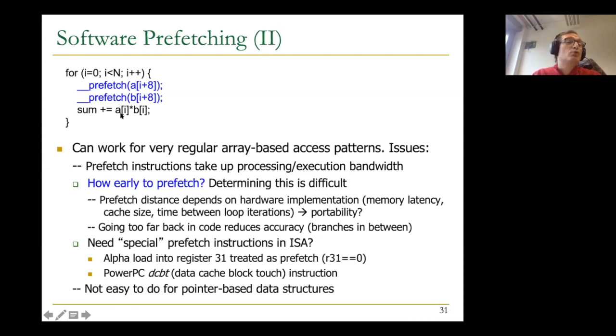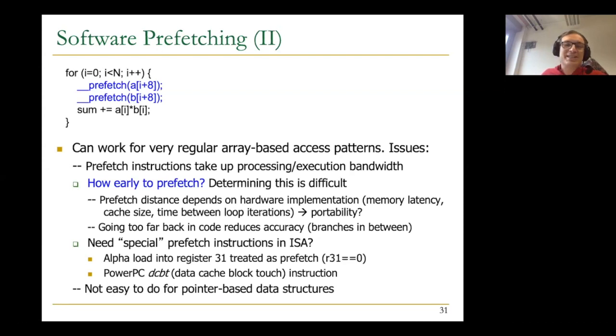Now, things become even worse if you already have a hardware prefetcher. If somebody implemented a hardware prefetcher in your system, and if it's not turned off, and if it's also operating, well, now you're prefetching in software and you're prefetching in hardware, and your effort in software may be useless, right? Now there's a danger basically here. So usually the earlier question was on people who write high performance software.